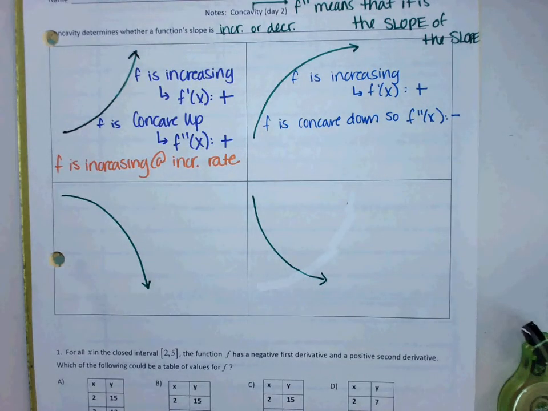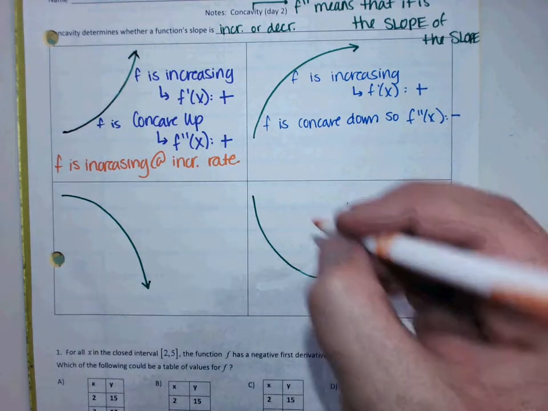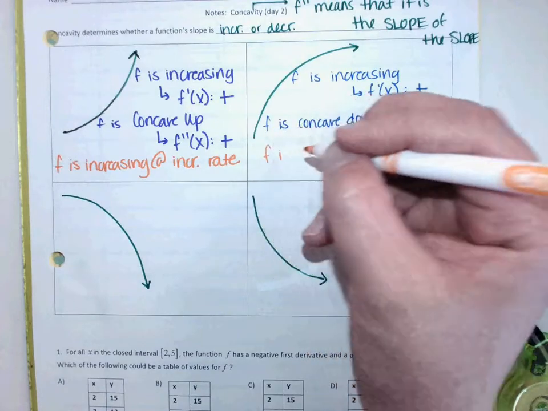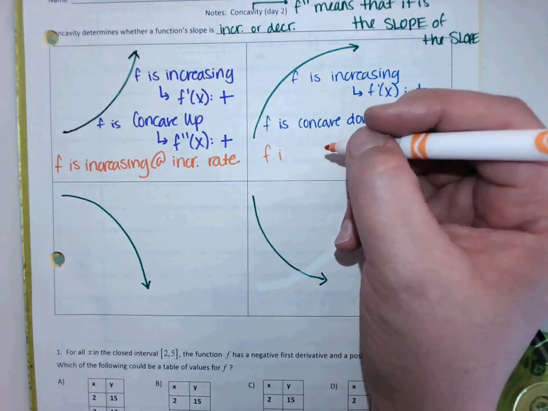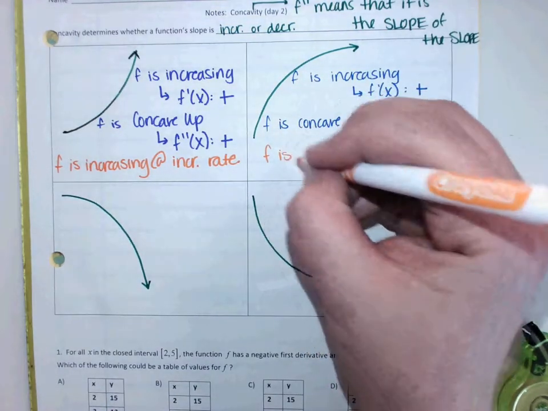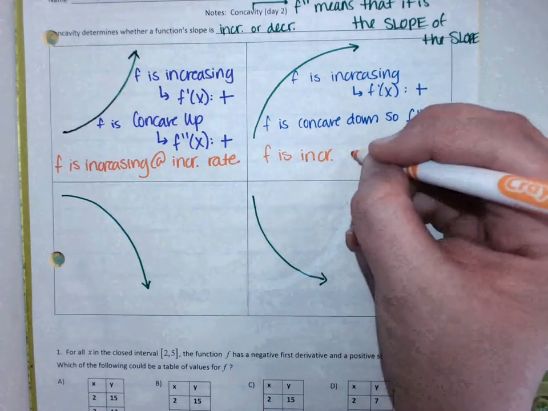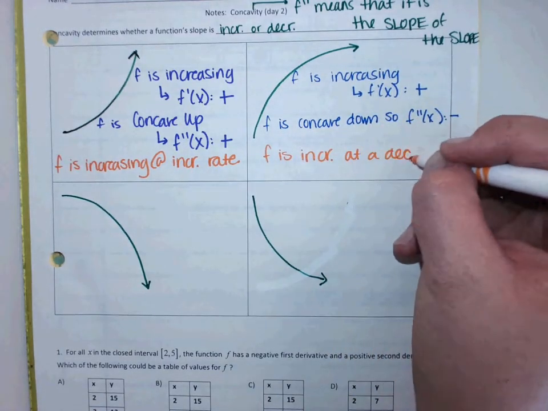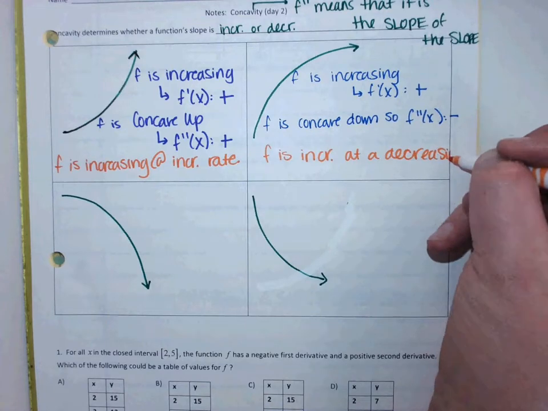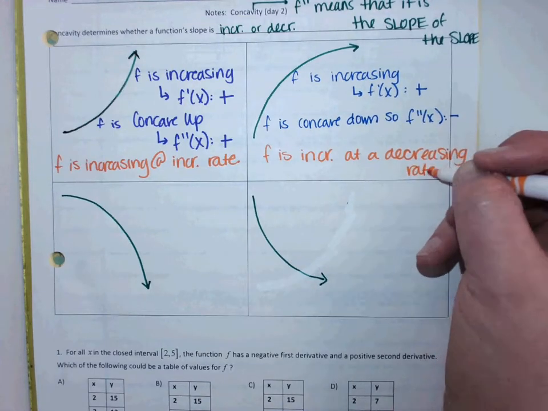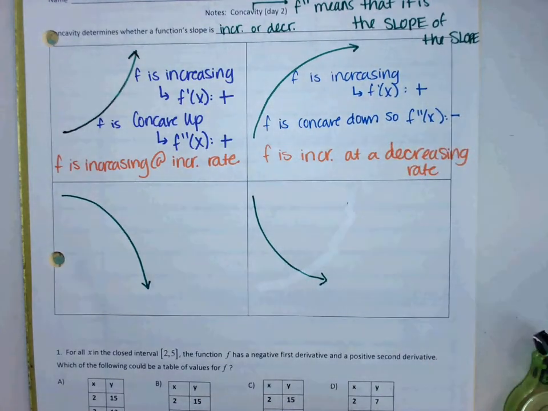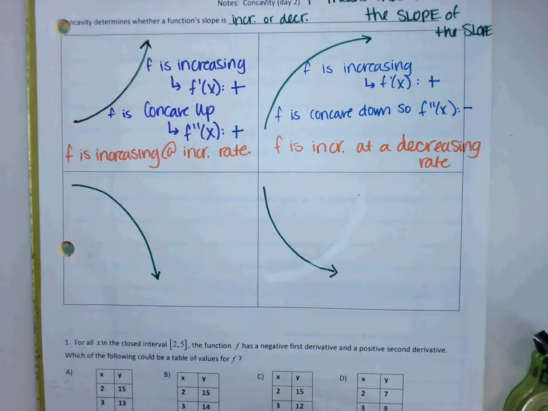Versus for the second graph, what am I going to put? It's increasing, but at a decreasing rate. Hold on, we'll draw it in a second. This is what I mean by increasing at a decreasing rate.